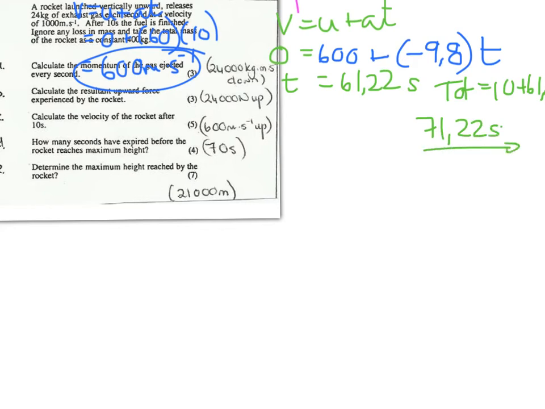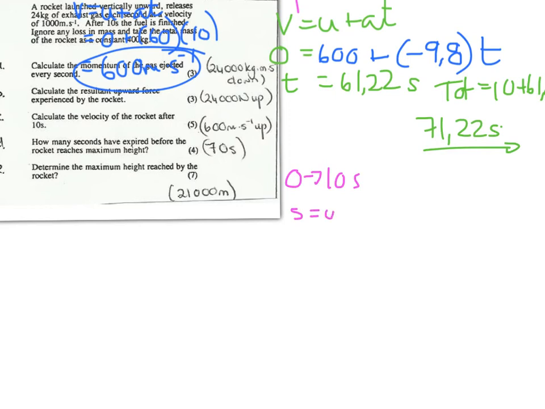Then determine the maximum height reached by the rocket. Now we are looking at the fact that it got propelled first, and then it went into normal free fall. So we need to do two different portions of this journey. And the first one is from 0 to 10 seconds. We've got an acceleration of 60 meters per second squared upwards.